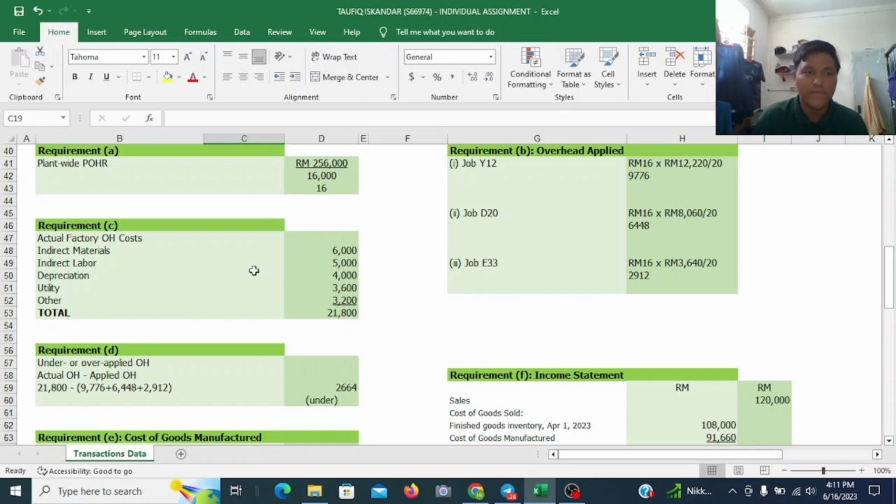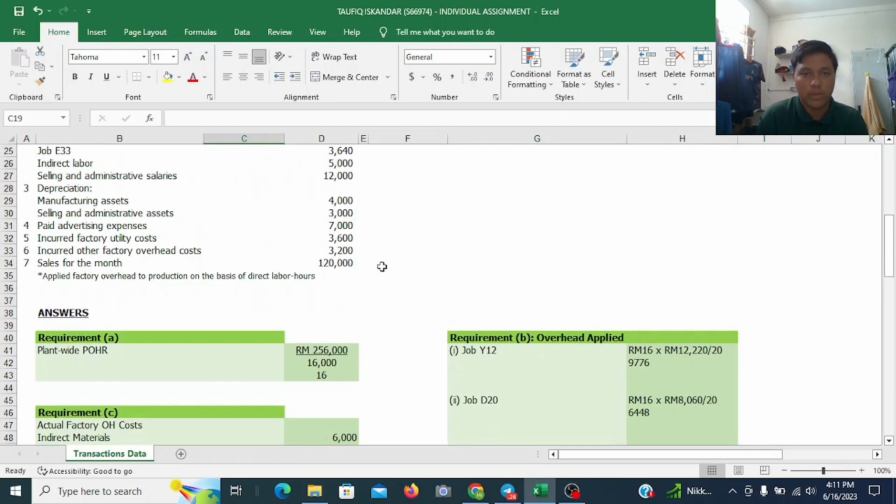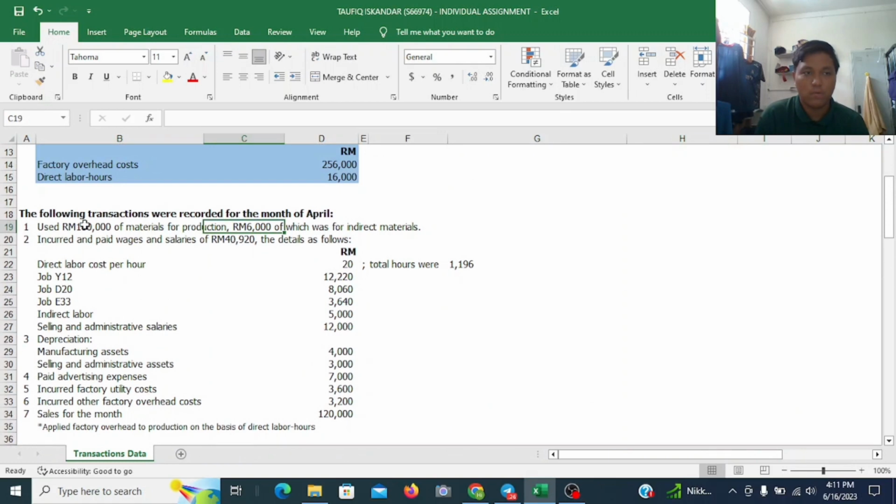We go to the first item, which is indirect materials, where the value is 6,000. We get the value from transaction number 1: used 180,000 of materials for production, 6,000 of which was for indirect materials.